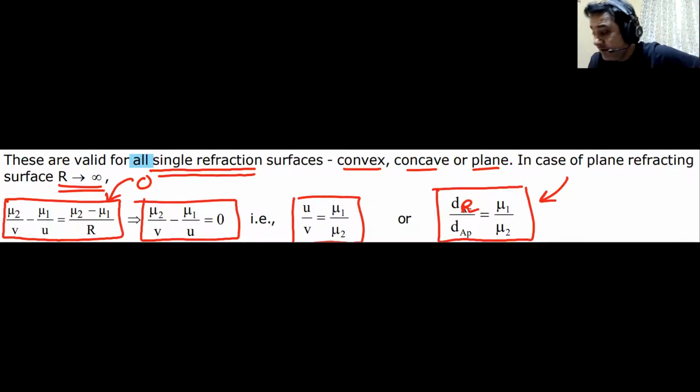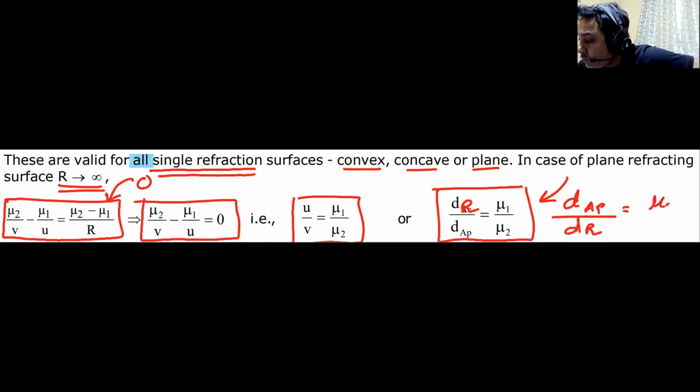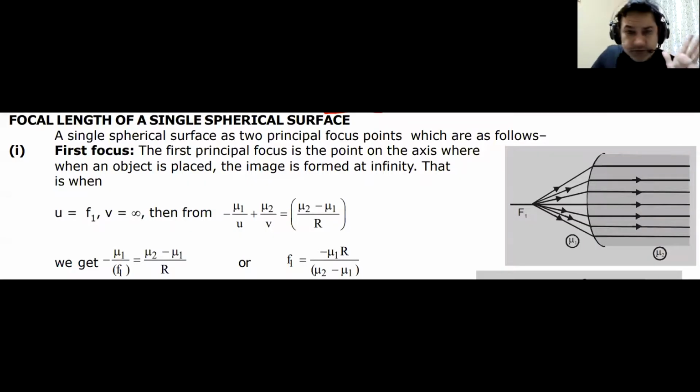So we again arrive at our actual formula: d apparent divided by d real will be equal to mu2 divided by mu1. I'll give you a minute to note this thing down again. And hence we move ahead.